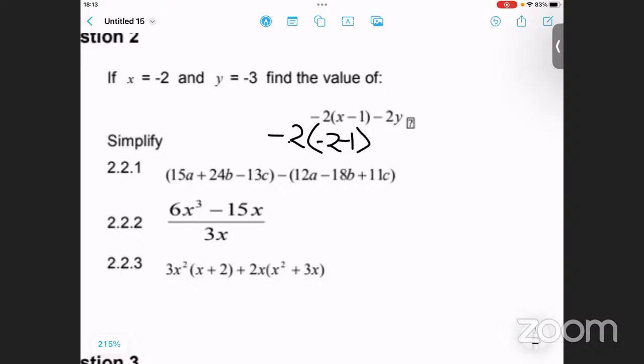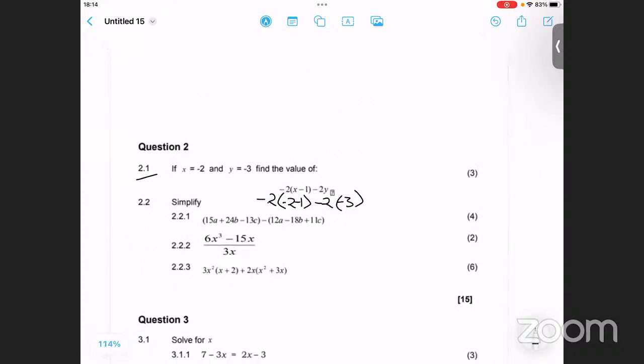Then I put it together and said +4 -1 will be -3, and then I said -2 -3. Then I simplified it and said 3 -2, which is 1, -3.